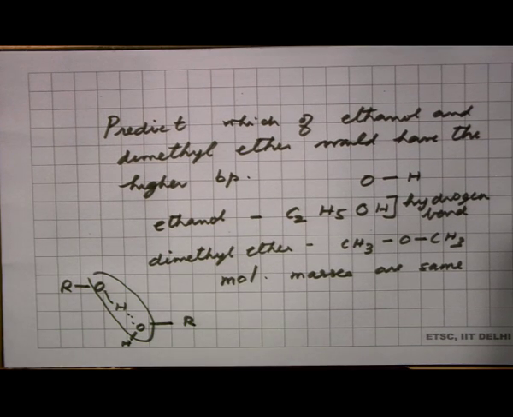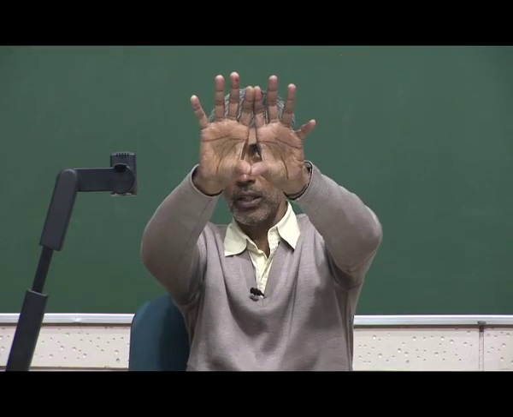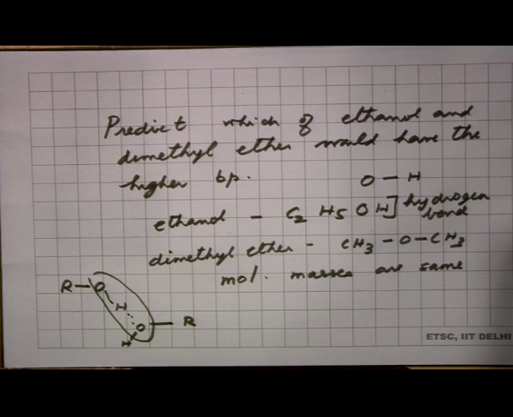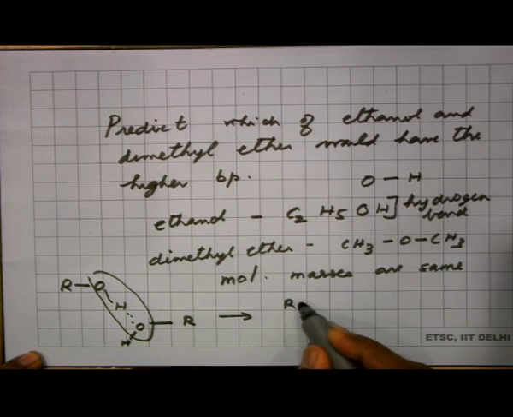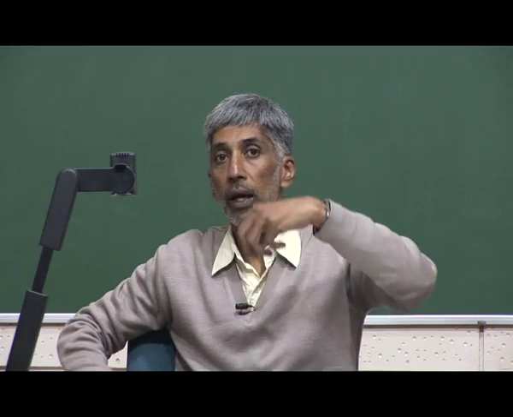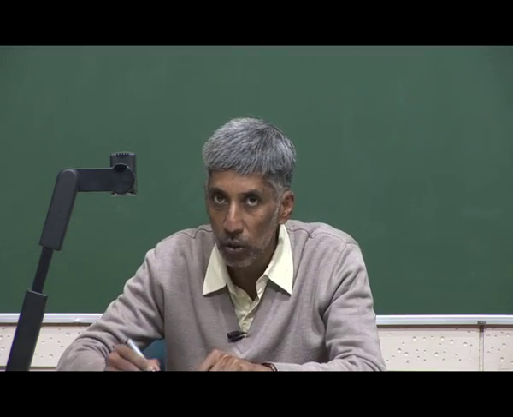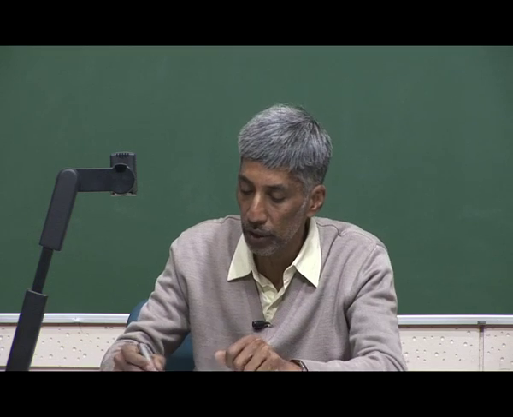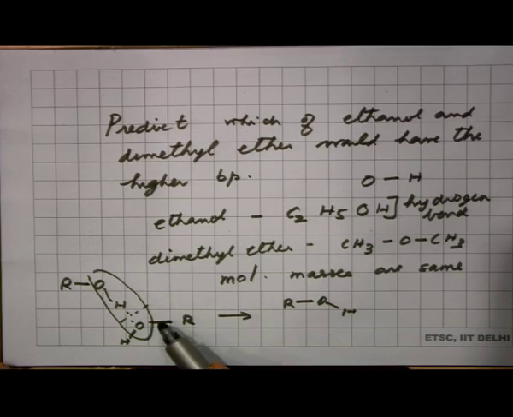And if you have lots of molecules hydrogen bonded together, then to get this to boil, you have to go from this, which is what it is in the liquid state, to a situation where you have molecules that are free. So, you have to break this bond, and the more bonds you have to break and the stronger this bond is, the more energy you have to provide, which means that you have to go to a higher temperature to boil this. So, ethanol, you would imagine, has a higher boiling point.